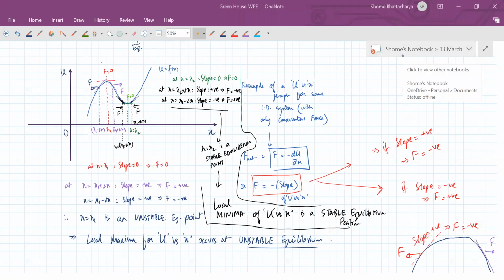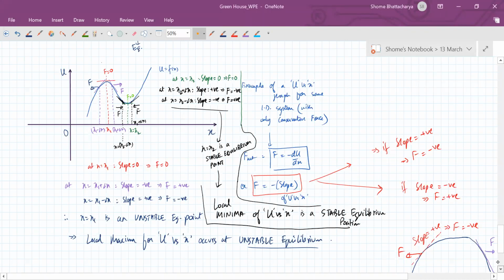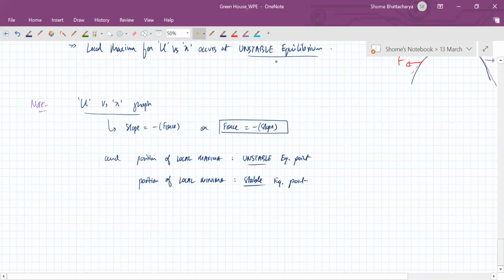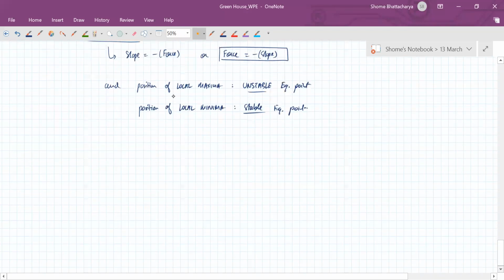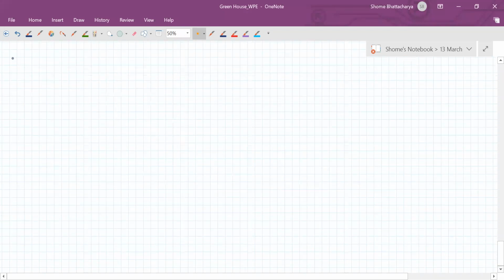Okay, so now let's look at a numerical example problem based on this concept.